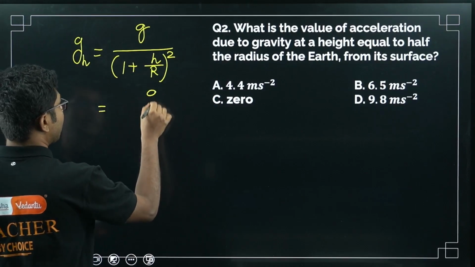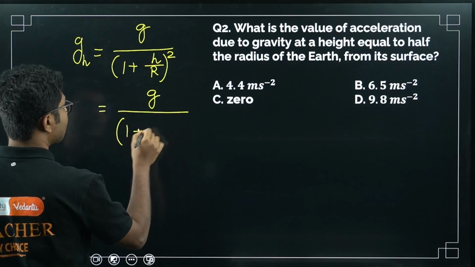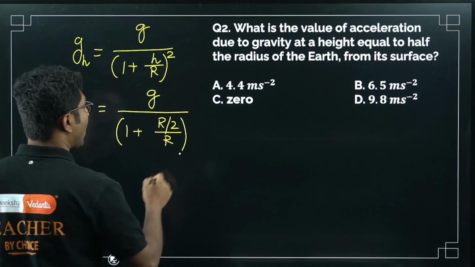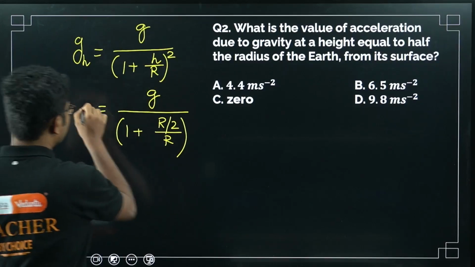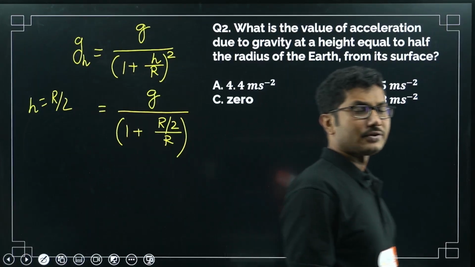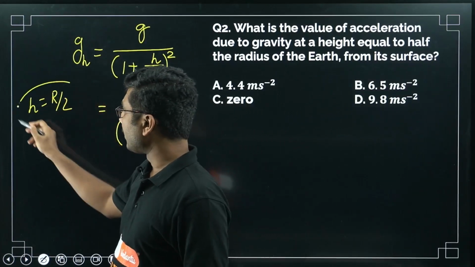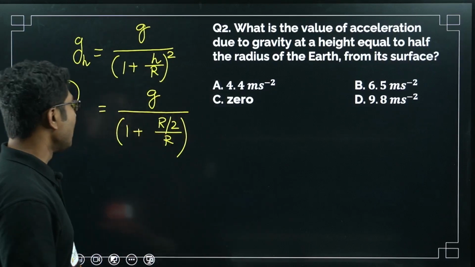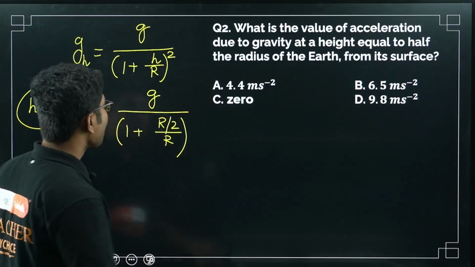So you can write this as g divided by 1 plus (R by 2) by R, whole square. At what height? Height is given as half the radius of the earth, so h is R by 2. R is the radius of the earth. Sometimes you can use R_E, but since we are doing it for an exam, you don't need to mention everything like this.